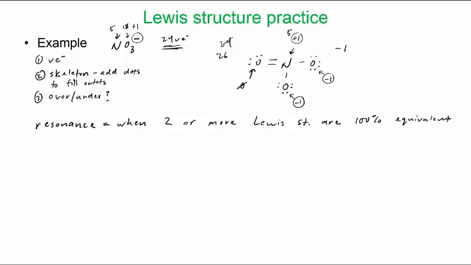So the nitrate ion could also do this. So you could put the single here, and you could put the double on this one, and it can also do this one where we have the double on the right oxygen, the one on the right side.